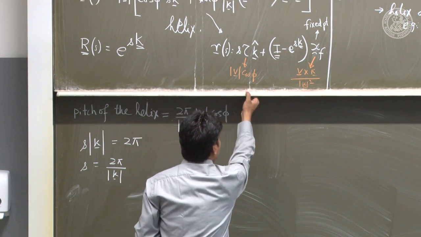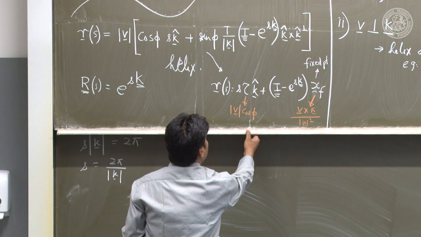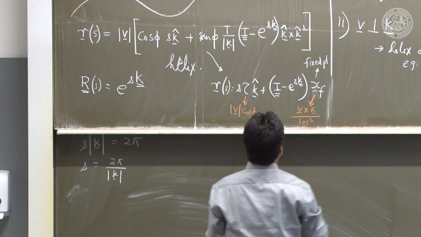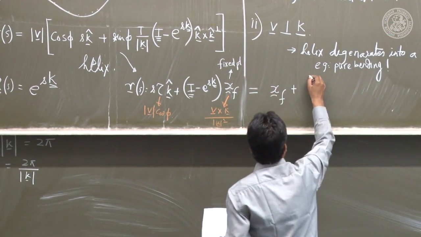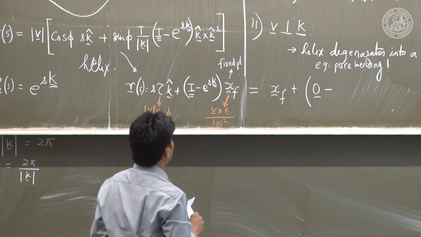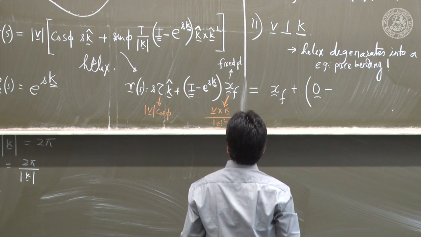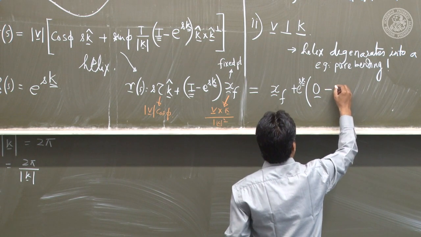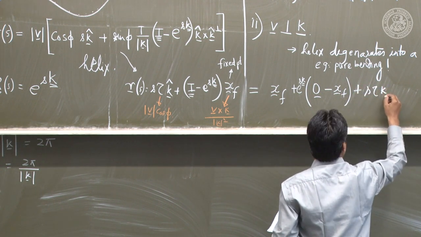If you want to understand it more carefully, the way to do this would be, you could write it also as little x of f plus 0 minus little x of f, plus e to the power s k into 0 minus little x of f, plus s tau k hat.